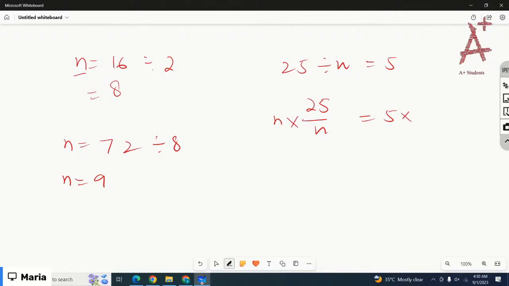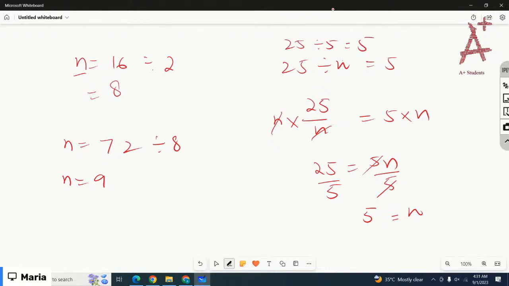Let's just multiply both sides by n. So you are left with 25 equals 5n. Now you have to evaluate the value of n, so you can just divide both sides by 5. So n equals 25 divided by 5, which is 5. Also, you can see if you put 5 here, it would be 25 divided by 5 equals 5, right?